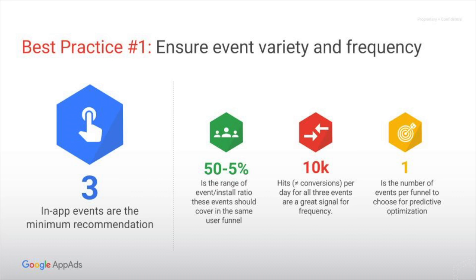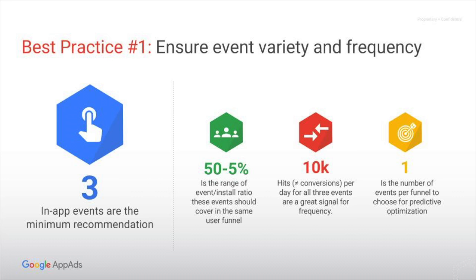So we recommend choosing an event that happens between 5% and 50% of your users. We say up to 50% because if it's too many, then it's not too much different than reporting the install. And so we want to be between 5 and 50%. Secondly, it should be an event that happens about 10,000 times per day. That doesn't mean an event that is actually reported as a conversion 10,000 times per day, but just that happens organically in your app about 10,000 times per day.